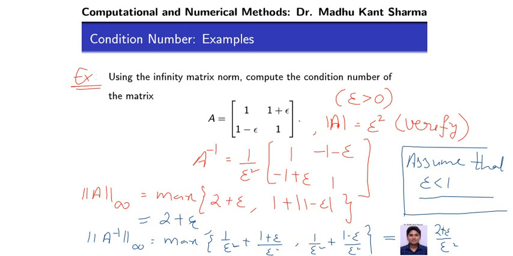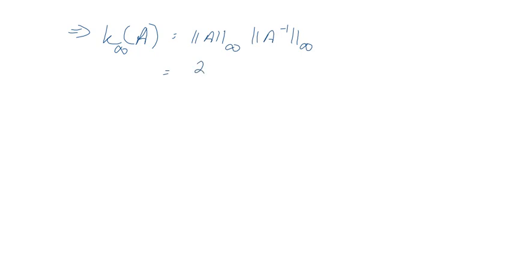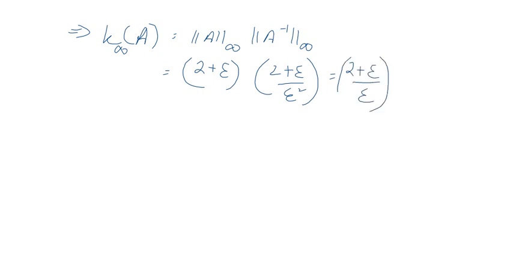So if I wish to write the condition number, the above two imply that the condition number of A with respect to the infinity matrix norm is norm A infinity times norm A inverse infinity, which equals 2 plus epsilon times 2 plus epsilon by epsilon square, that is, 2 plus epsilon by epsilon, whole square. Now it clearly depends on epsilon.